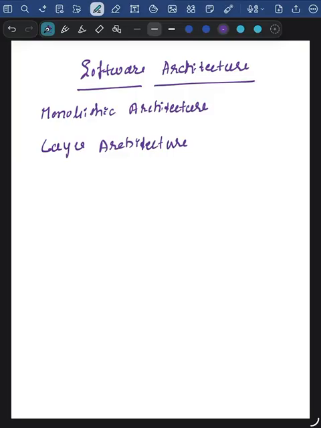Okay, what are the benefits of this layered architecture? It is maintainable. See, when we have separated the components, it is easy to maintain them. When I have something to change in the business logic, I don't have to touch other two components. I only work on the business layer, and I'm very much sure that the other two layers are kept unchanged.